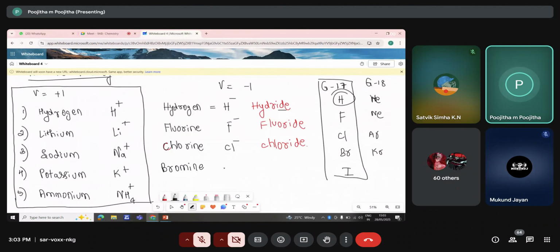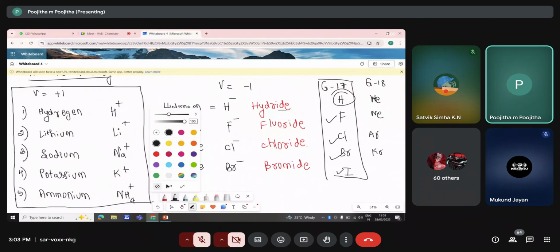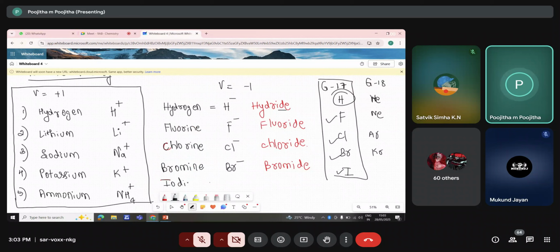All group 17 elements generally have 7 electrons in the valence shell, like fluorine, chlorine, bromine, iodine. They all have a tendency to gain 1 electron, so they all show valency of 1 minus. Iodine, I minus, iodide.